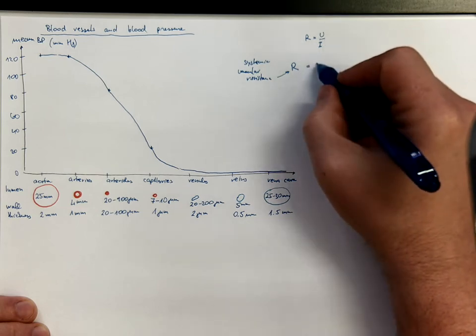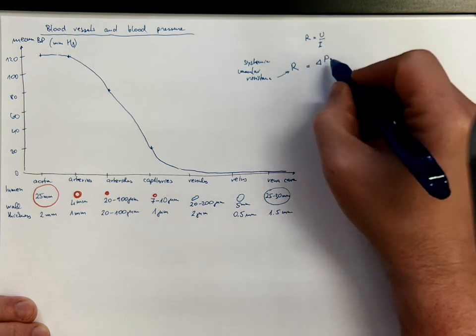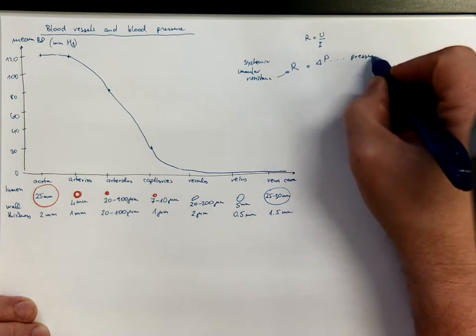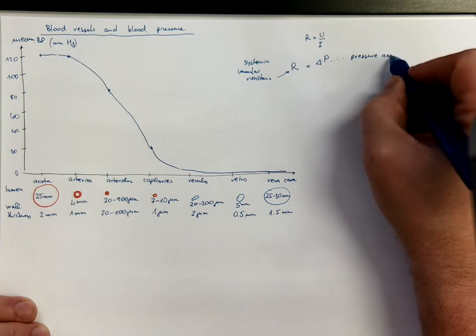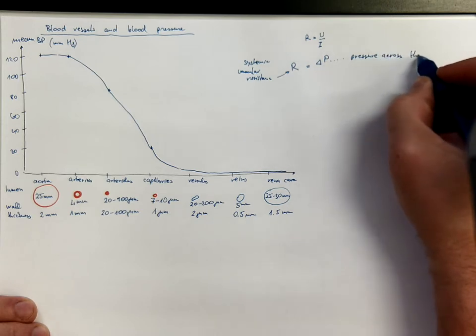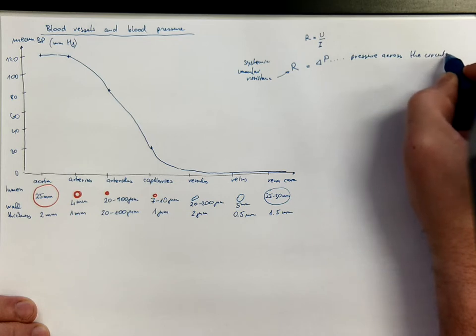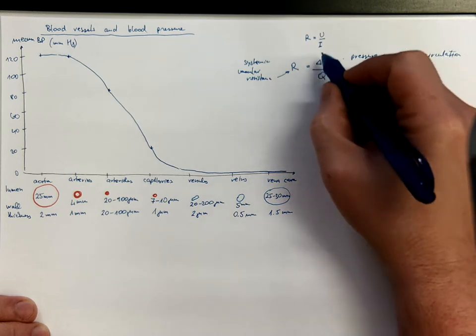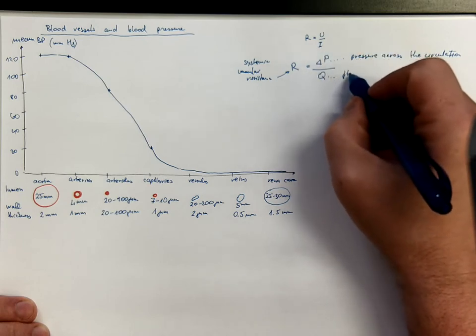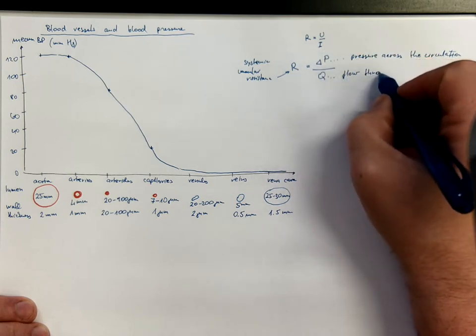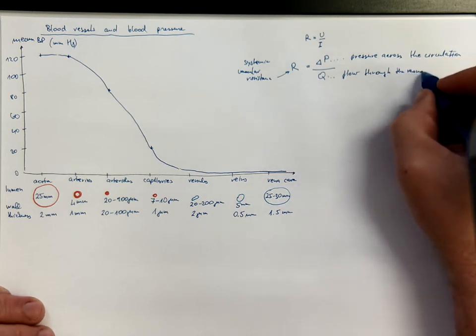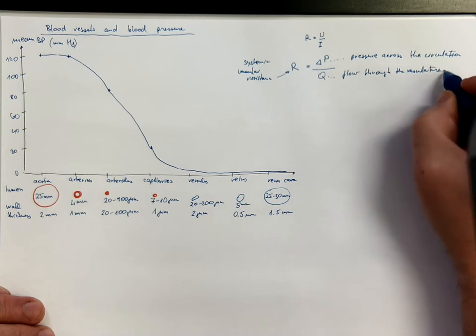The voltage would be the pressure across the circulation, the pressure difference, and here would be the flow through the vasculature. That will be actually the cardiac output.